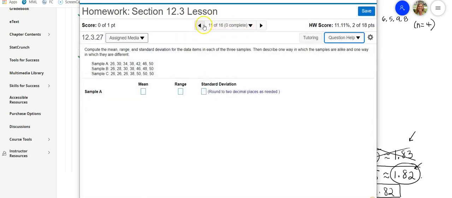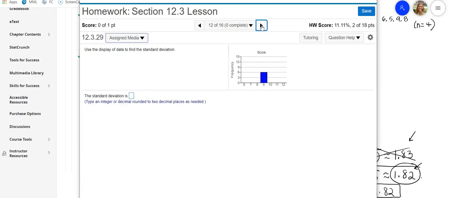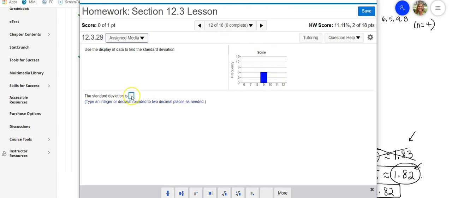Something else I'd like to mention also is just what standard deviation is calculating. Standard deviation calculates how much your data varies from the mean. So if all of your data points are the same, like number 12 on the homework, you're going to have a standard deviation of 0. If you wanted to calculate it, you'd have 9 listed out 6 times, and then you would go through and do your calculations.